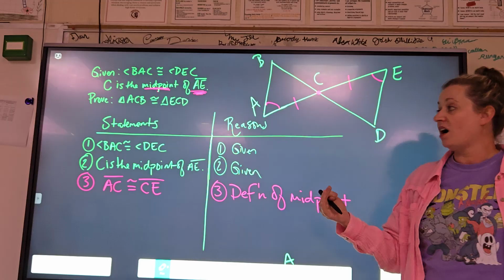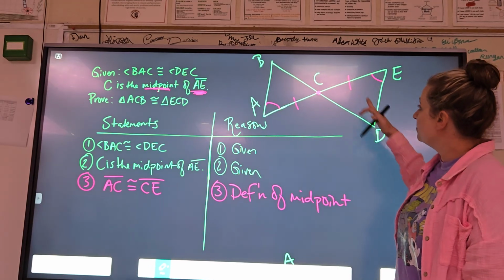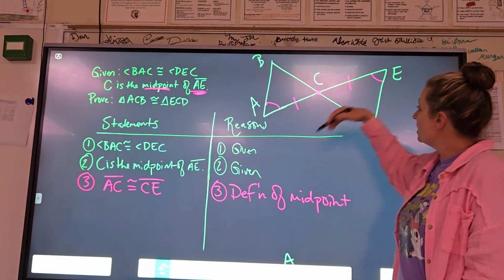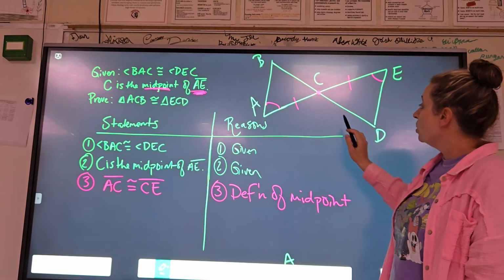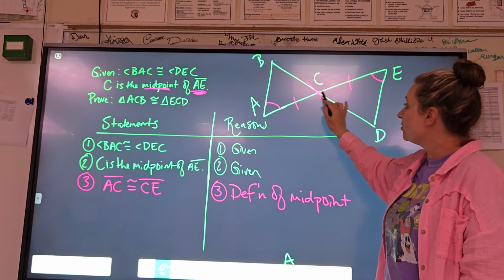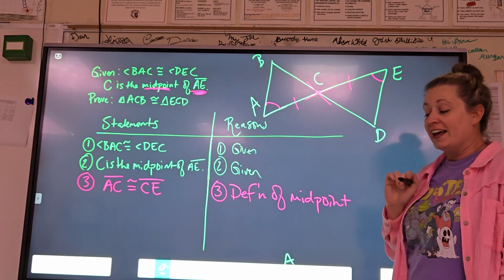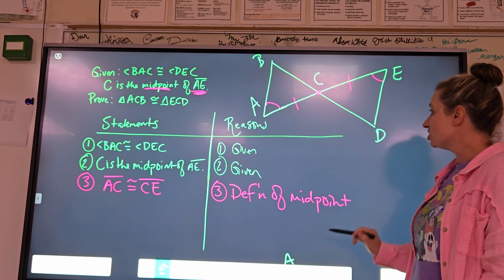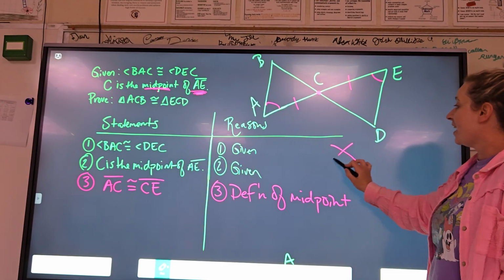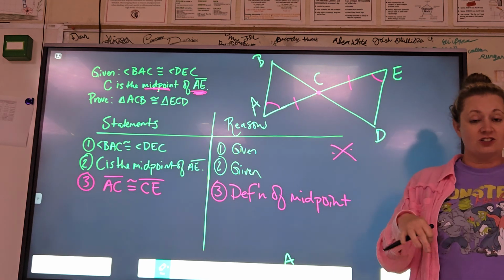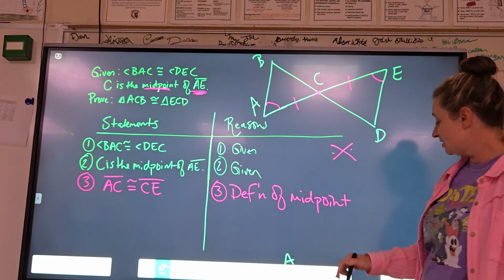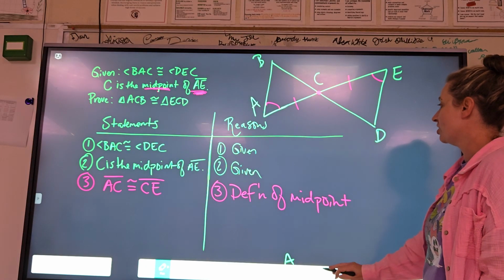We don't know anything about BD, AB, or DE, how those two relate, but we do have that crisscross right there. Anytime we have a crisscross, we have vertical angles, and vertical angles are always going to be congruent to each other.